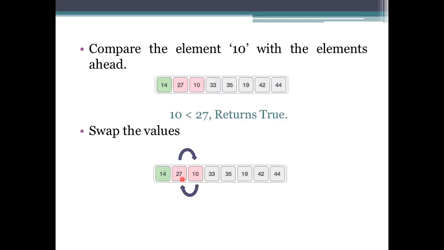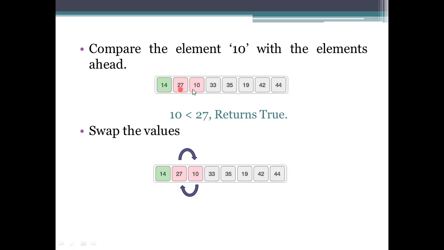After the comparison, we just switch the places like this. 10 is less than 33, so it switches the places, then the array will become this: 14, 27, 10, 33, 35, 19, 42, and 44.